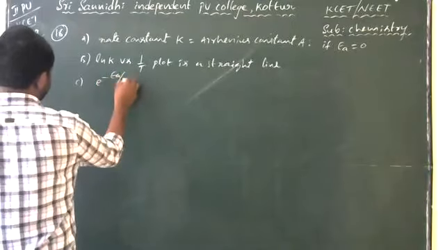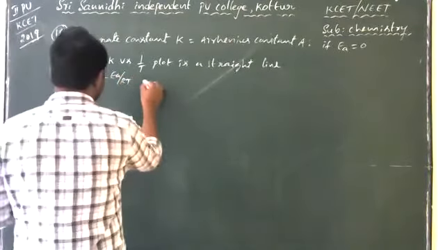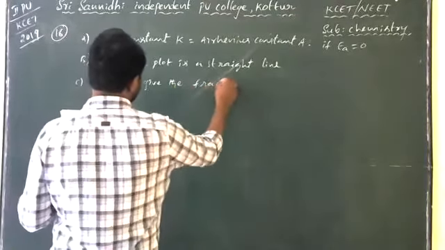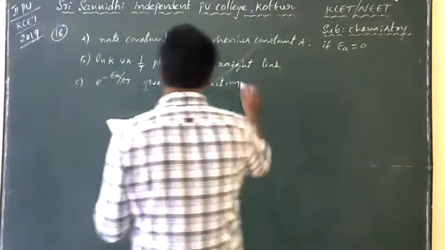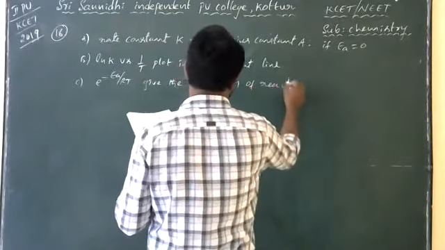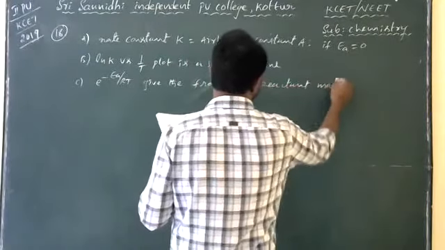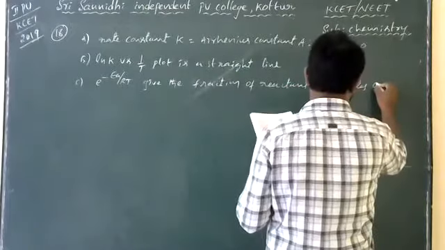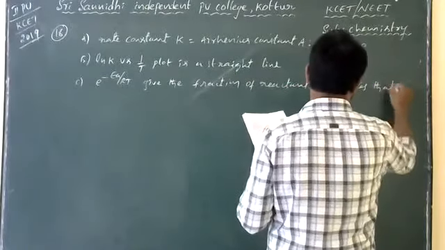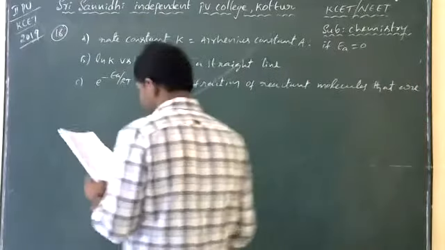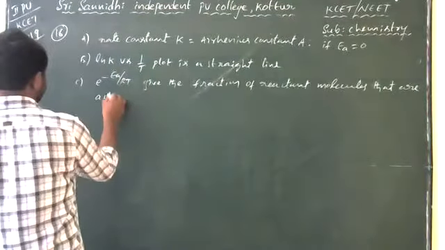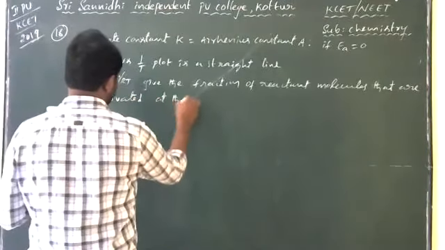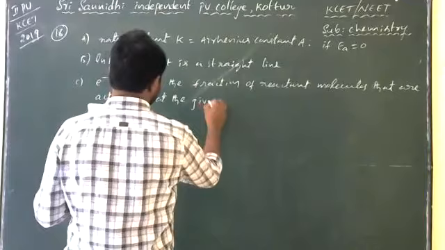Option C is given: e to the power of minus EA by RT, which indicates the fraction of reactant molecules that are activated at the given temperature.